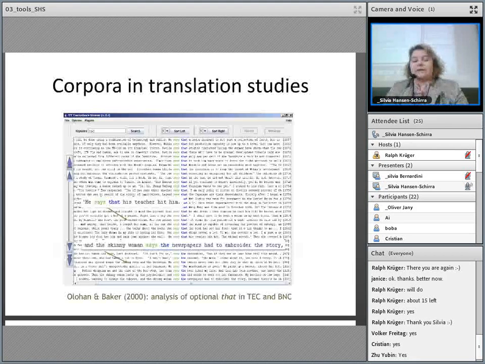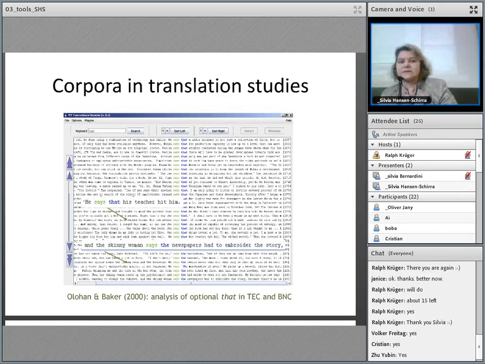Let me give you an example why raw text corpora are not sufficient for some research questions as well as practical questions. When Gellerstam and Mona Baker started off working with corpora to find out whether translated text is more explicit than original text, they looked for the optional "that" in English.